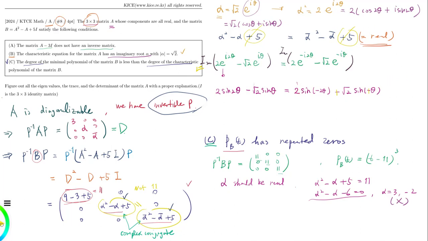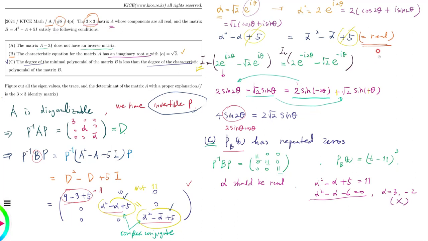Okay, so if I move this term to the left and this term to the right, I have 4 times sine of 2 theta equals 2 times square root of 2 times sine of theta. And since sine of 2 theta is 2 times sine theta and cosine theta here.